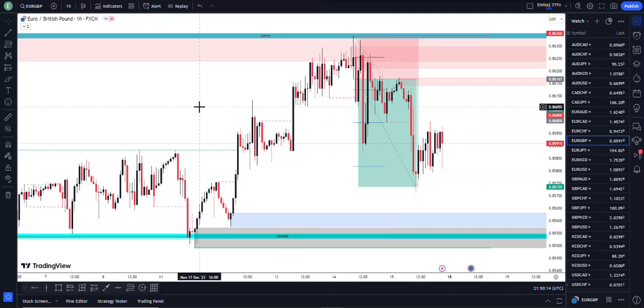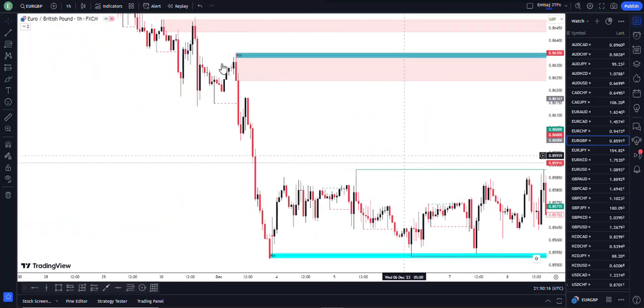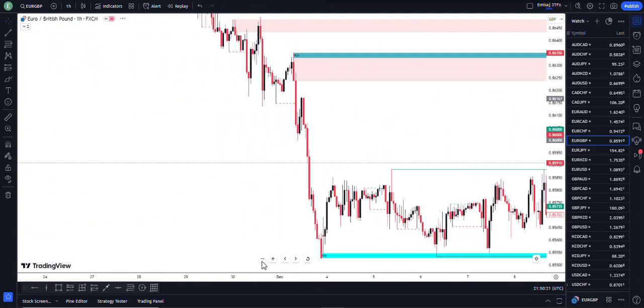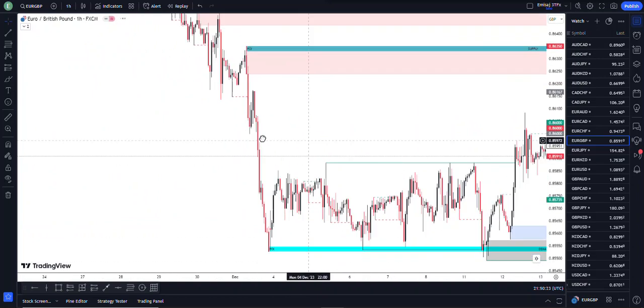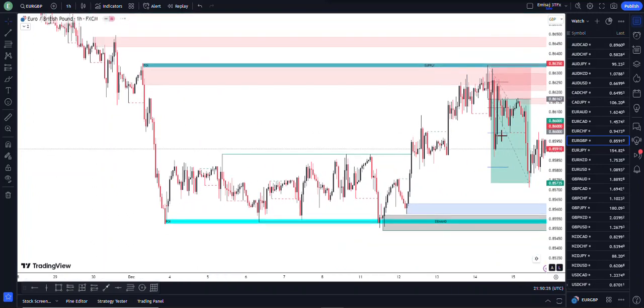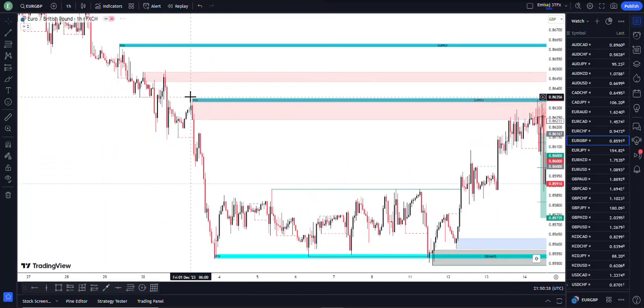So that is it. All you need to do, we want to confirm that price is on a downtrend. Then we want to see a supply zone or a demand zone created.